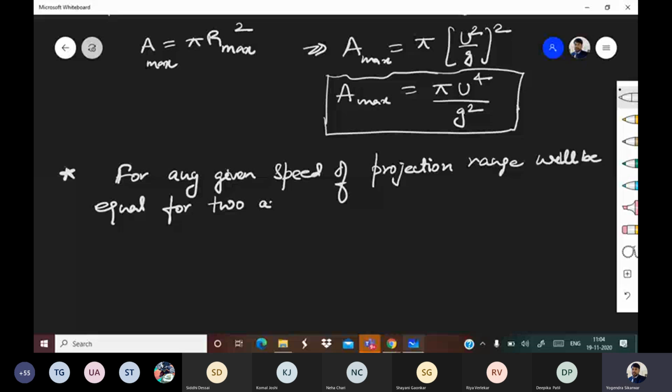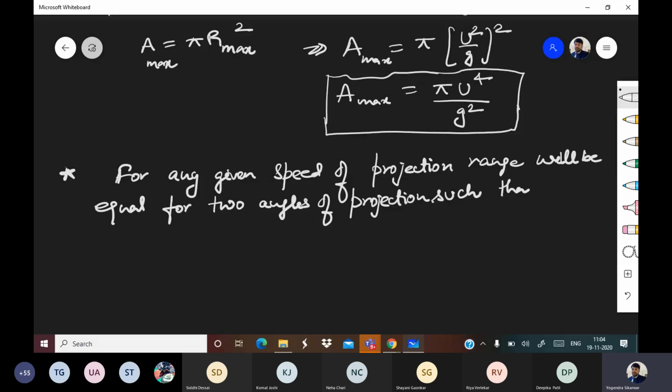Now what is connection between those two angles? Such that the two angles are complementary. So basically, if alpha and beta are two angles, then alpha plus beta is equal to 90 degree.